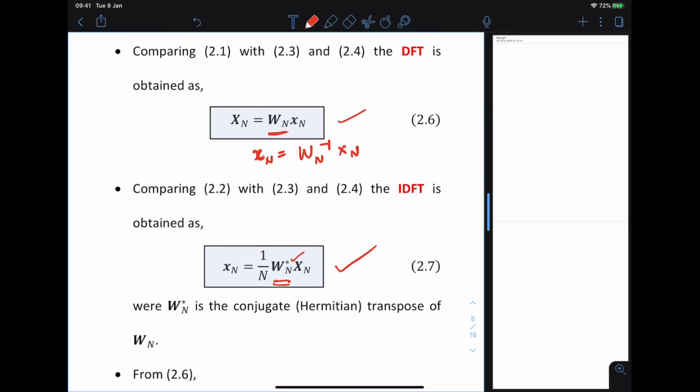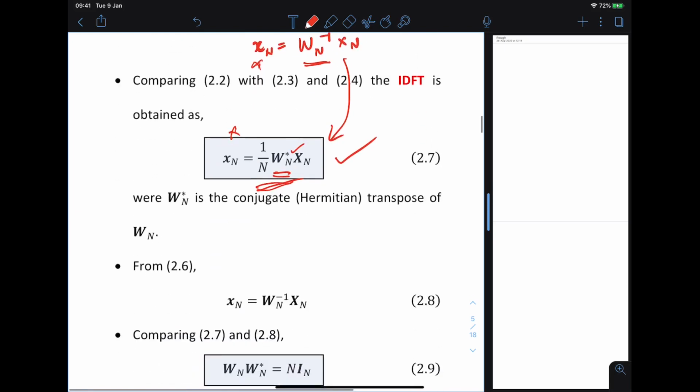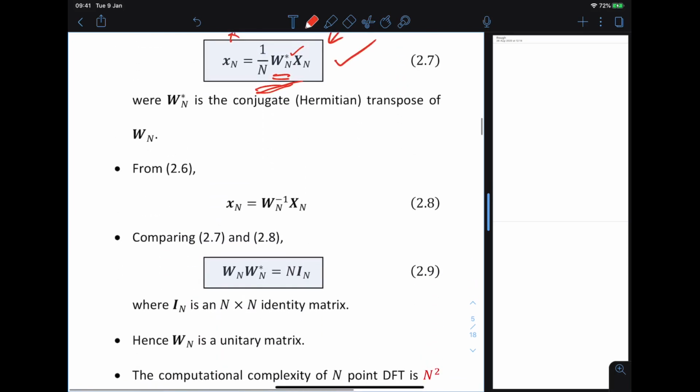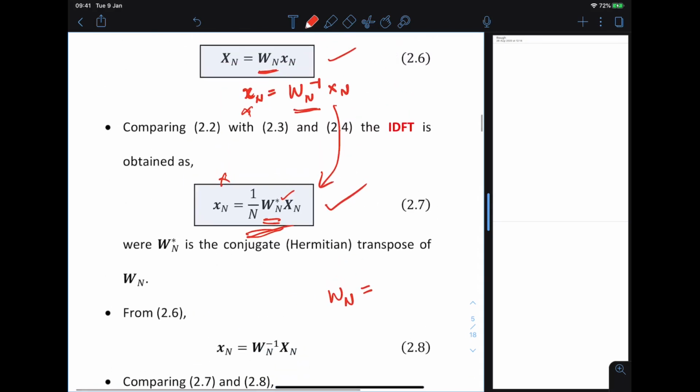Now if I compare it with this particular expression, both have x of n. I can see that W_N inverse is the same as 1 by N W_N conjugate. Just comparing the two expressions, that is how I get this: W_N inverse is equal to 1 by N W_N conjugate.